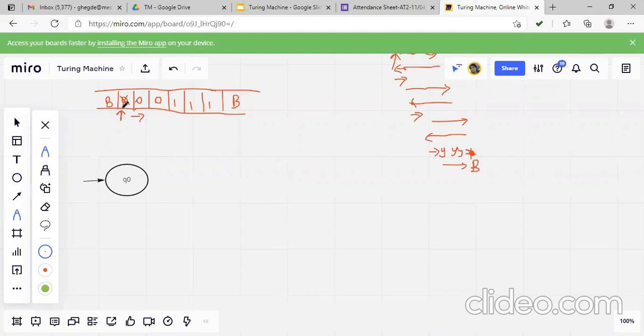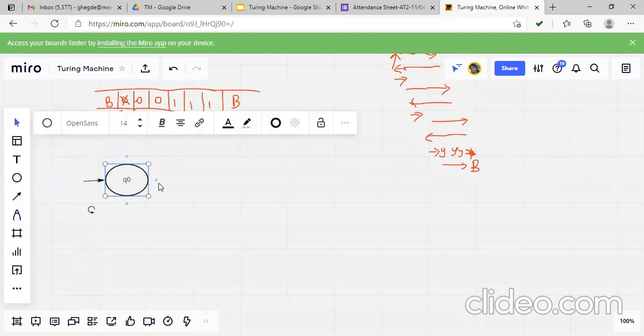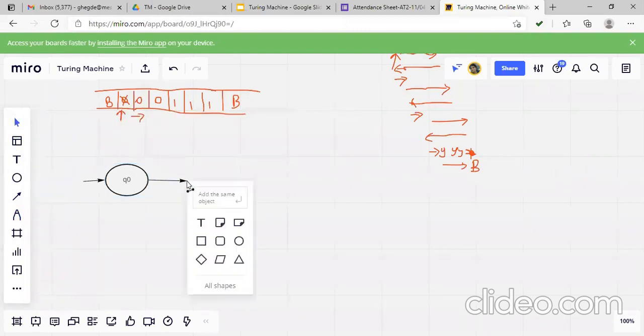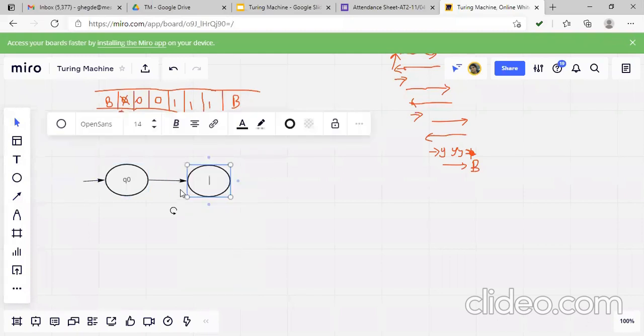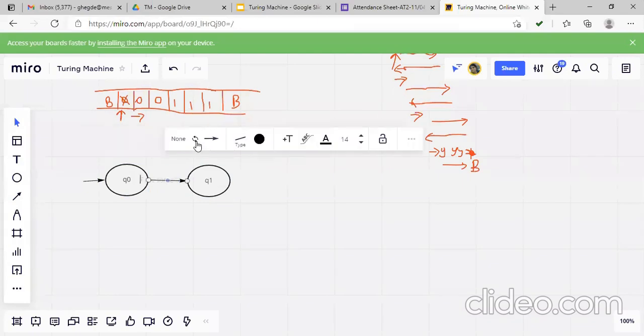I make it x, and we are making only 10x, so just make the first 0 x and move right. To wo hamein yahan pe represent karna hai. How to represent that? If I get a 0, make it x and move right.